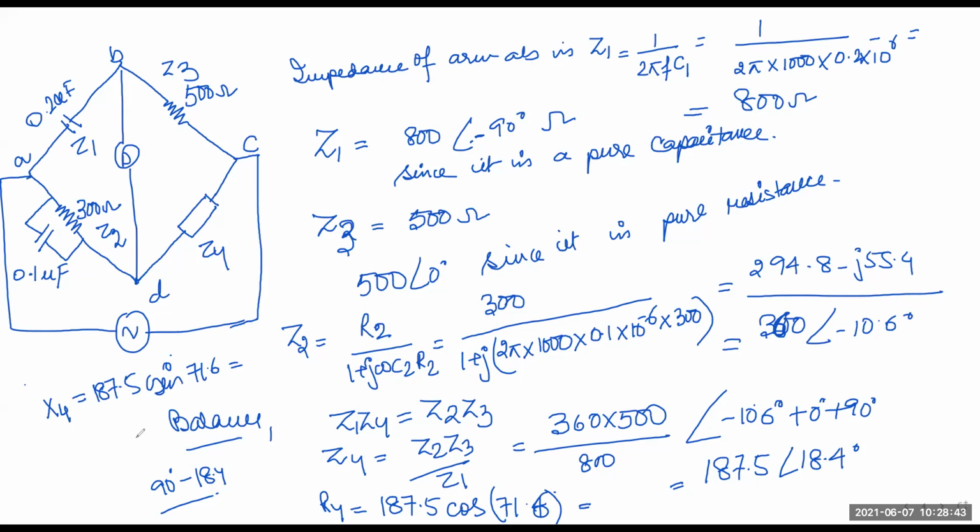And now if you need to find out only inductance, from X4 you can easily find out the inductance. So L4 you can find out X4 by 2 pi f. Simple. Okay. So you know the formula of f, it's 1000. You know the formula of X4.